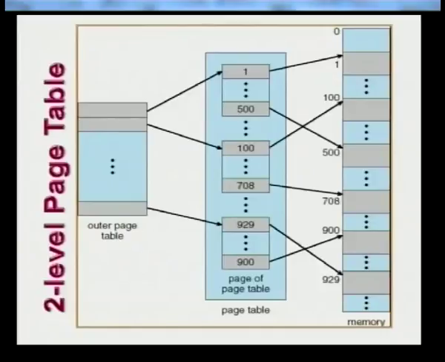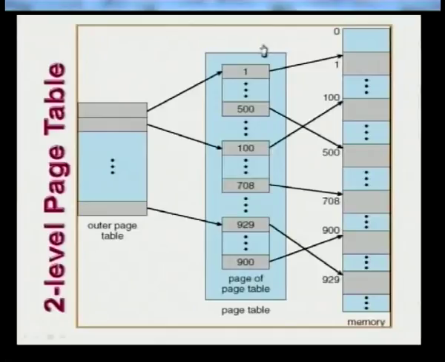This is how a 2 level page table will look like. There is an outer page table and there is another normal page table which is available. This is the physical memory which is available. Therefore, this normal page table in a simple paging scheme is now visualized into 2 different levels.